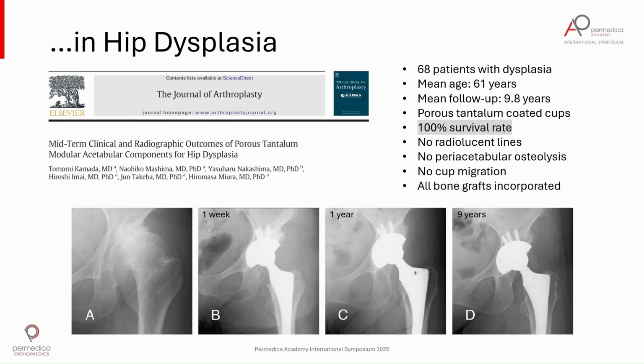The more demanding patients are more prone to fail, so we are achieving a new way of solving this kind of complex patients. The most important thing here is that the bone graft is incorporated, and as you see here, there is a huge change of the pattern after 1 week, a year, and after 9 years. So the transfer of the load around the cup is improving.